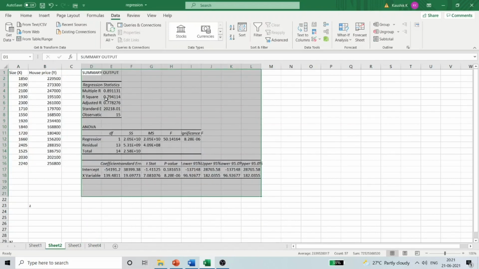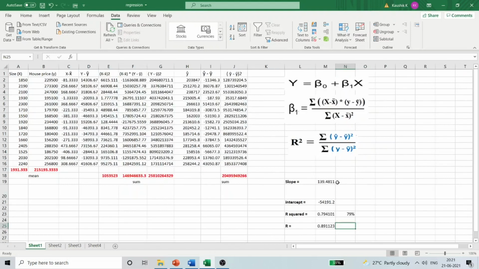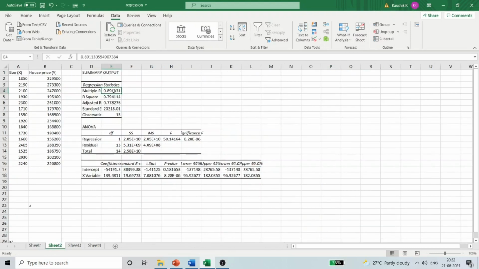So as you can see, this is the R value. So the same value what we got, right? If you observe, this is the R value 0.891123, the same value we got, and the R square value also, which is 79%, the same thing we got.